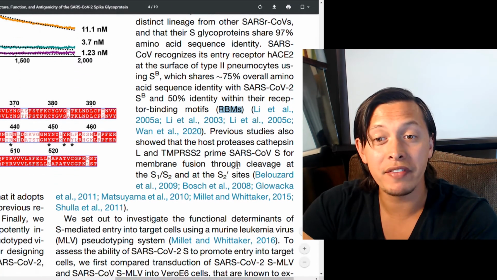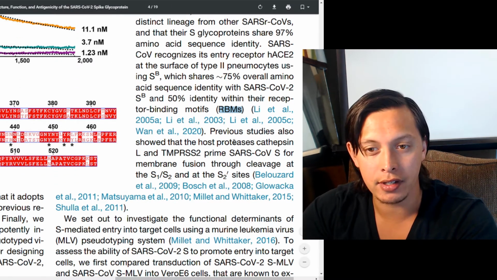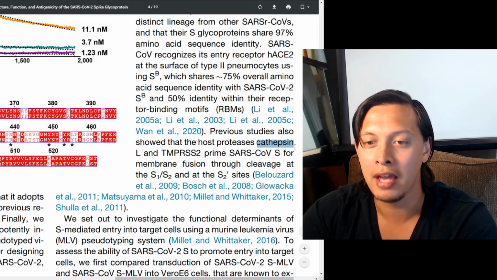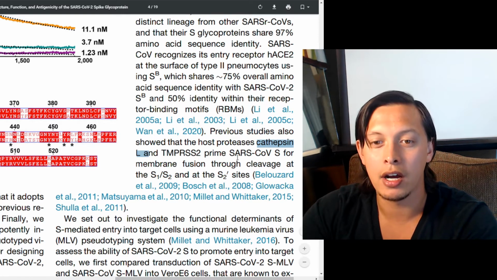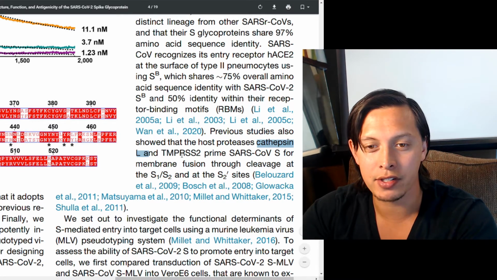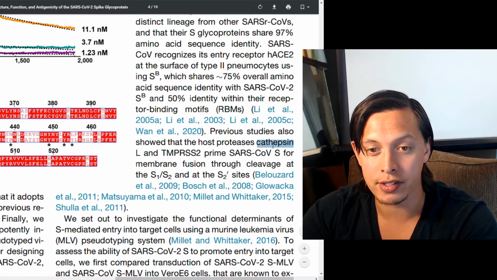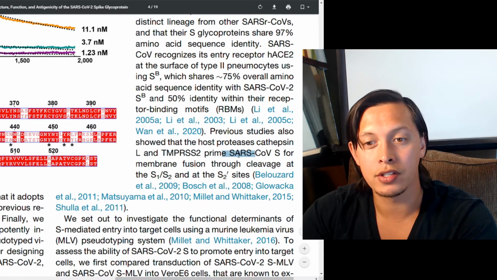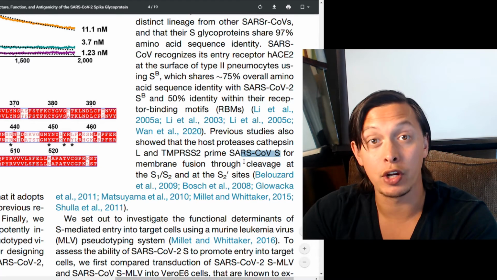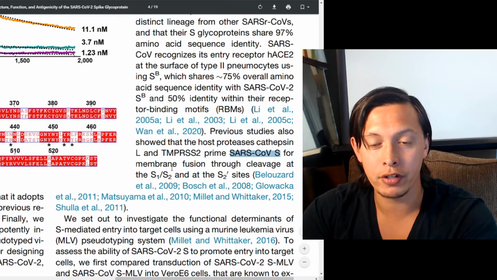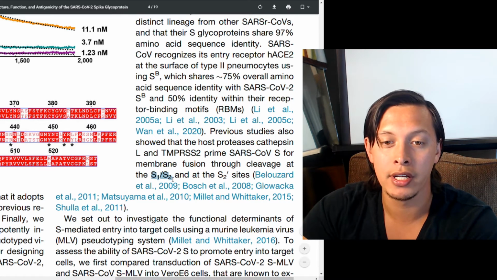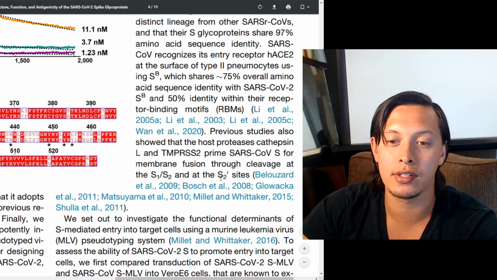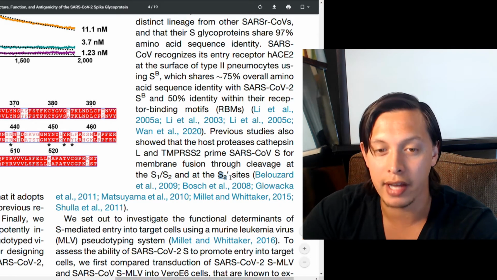Continuing, previous studies also showed that host proteases cathepsin L and TMPRSS2 prime the SARS coronavirus spike, so the original SARS, for membrane fusion through cleavage at the S1/S2 junction and at the S2 prime sites.